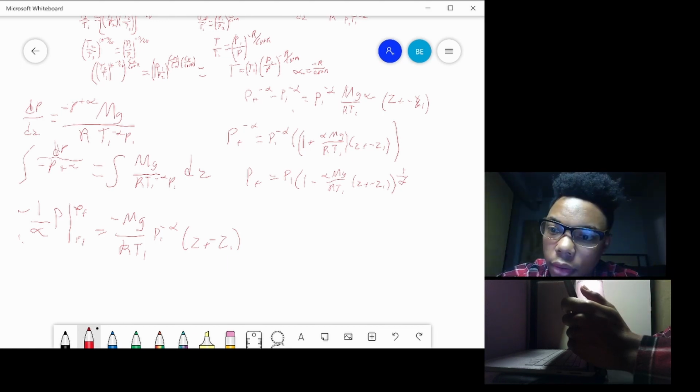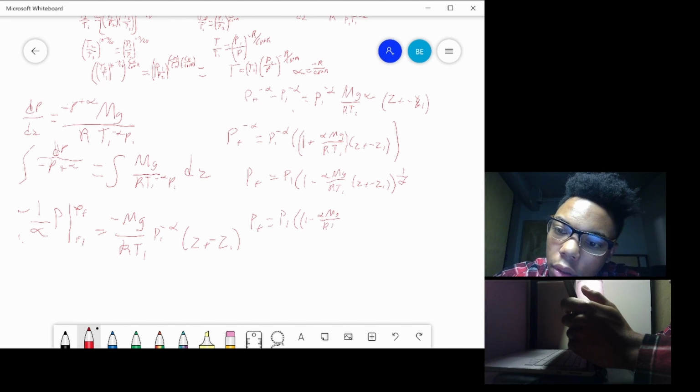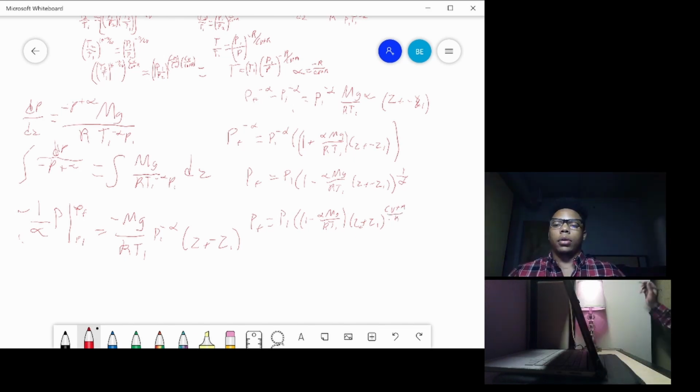And that is now going to give me PF equal to P1 times 1 minus alpha mg over RT1 times ZF minus Z1 to the CV plus R over R. Once we are here, we have an equation that is going to help find our final pressure based off our temperature change and our variable position.